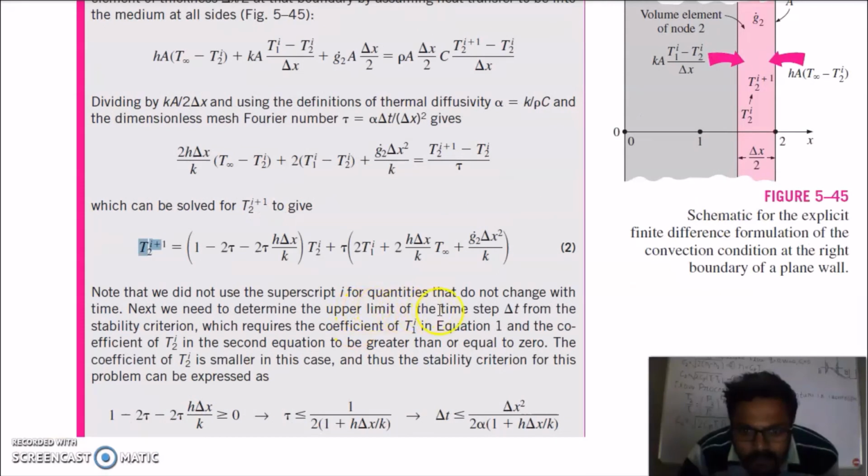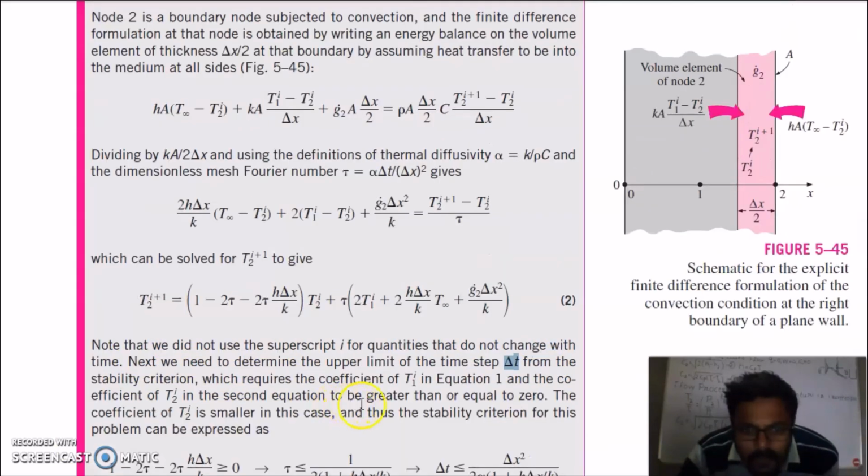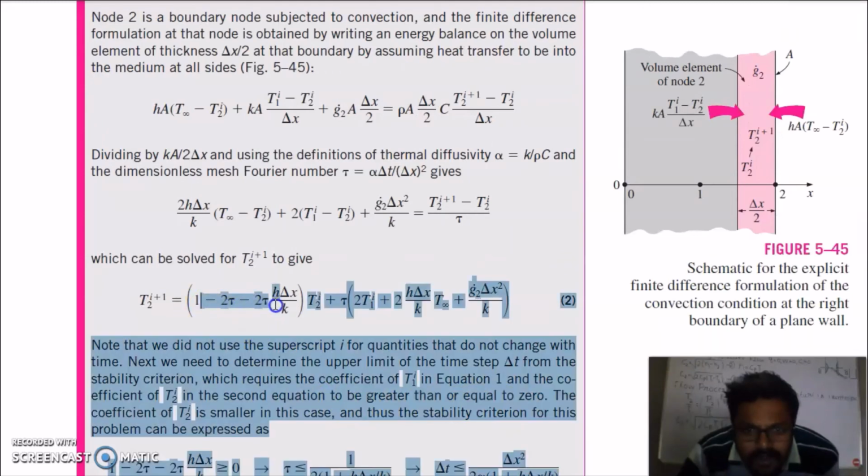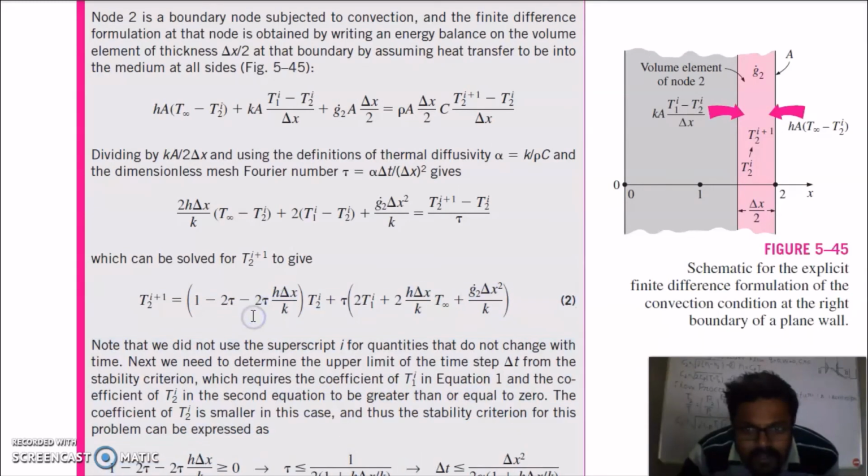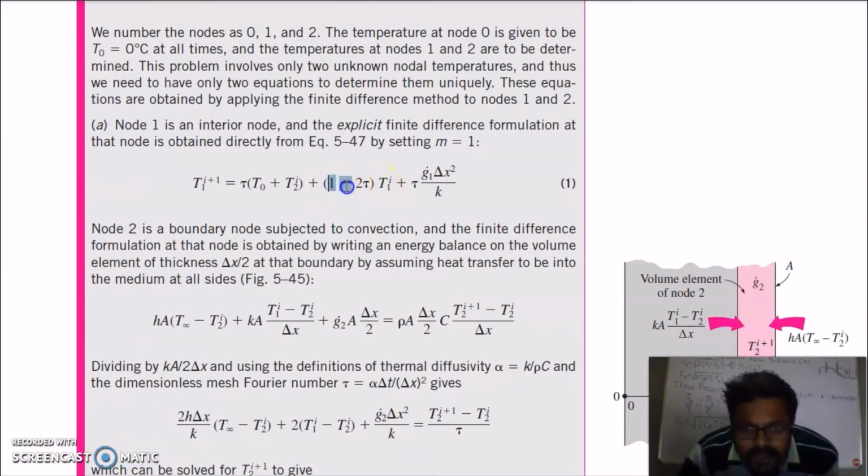Now we have to find the upper limit of time step del T from the stability criteria, which requires that the coefficient of T1I in equation 1 and the coefficient of T2I in the second equation must be greater than or equal to 0. Means this coefficient must be greater than or equal to 0 in the second equation, and this coefficient must be greater than or equal to 0.